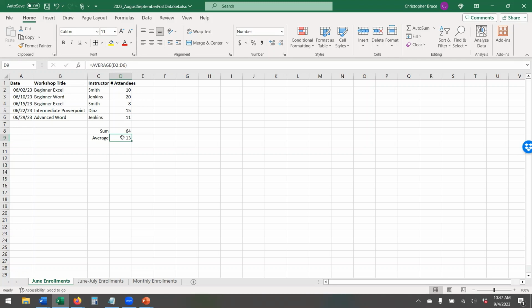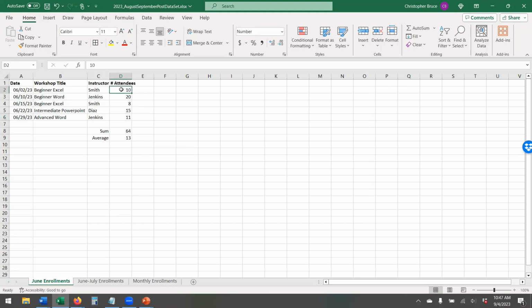But the average is where most of the values are clustered around. So it's the fulcrum point, if you want, of where the values fell within the distribution of the values in the data set. And you'll notice that none of the values are exactly the average. Some are below average, some are above average. That's the whole point of the average, it's somewhere in the middle of all of those.